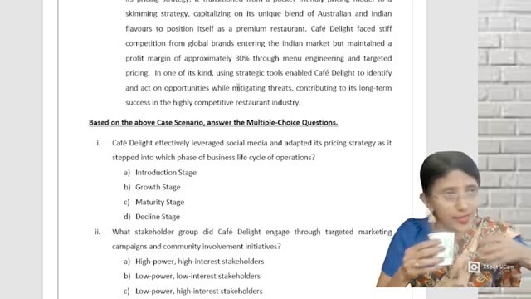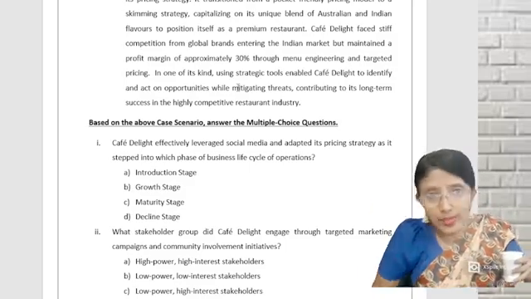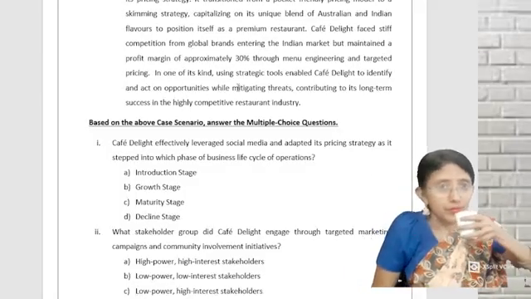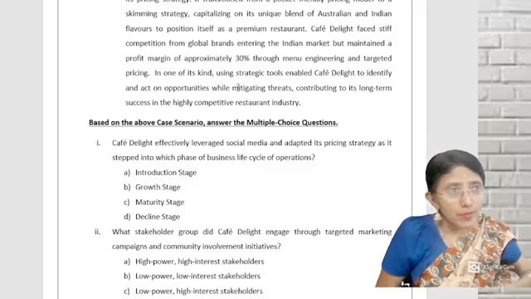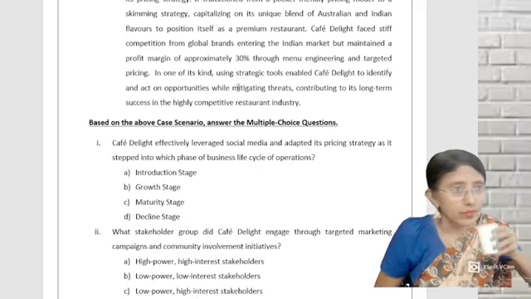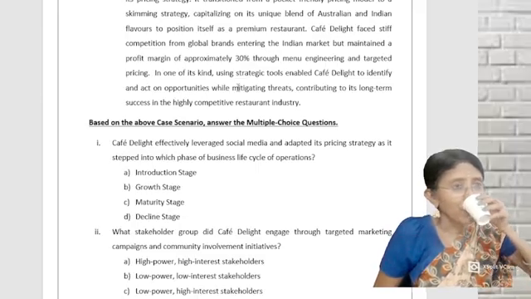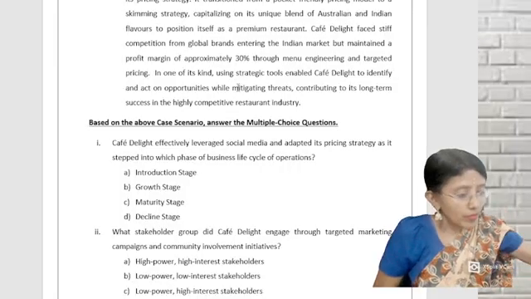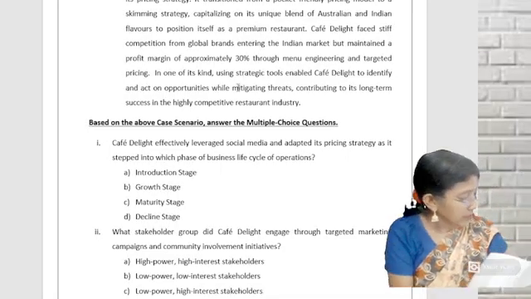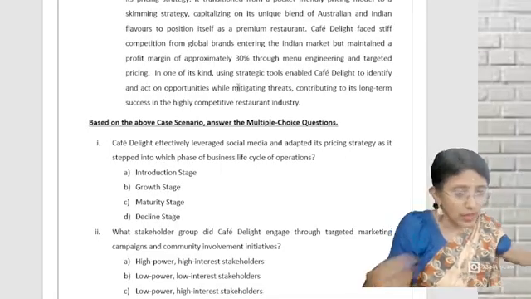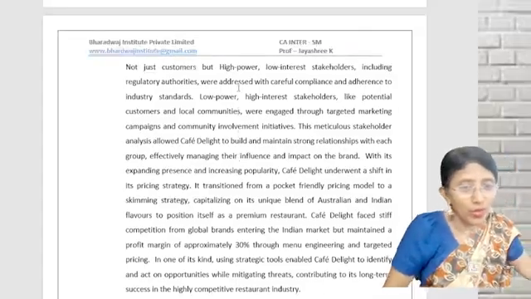No, do all as a set. So the flow will be there. Do all as a set. Yeah, because you have to have the reference, no?